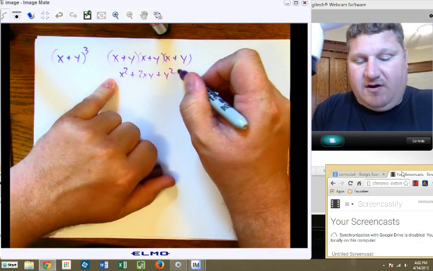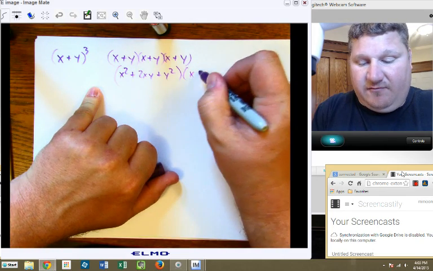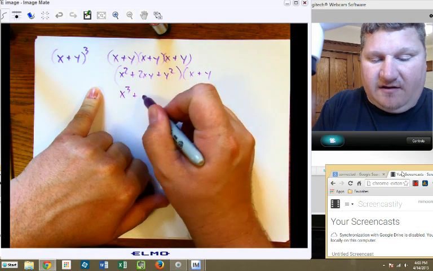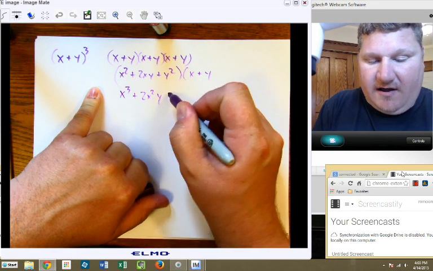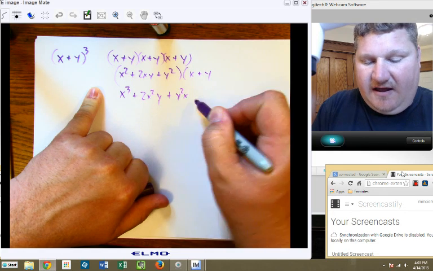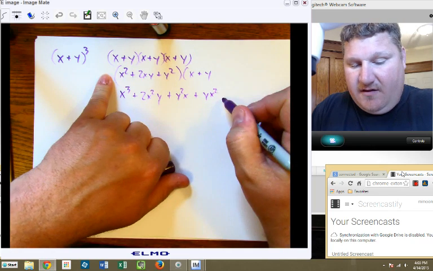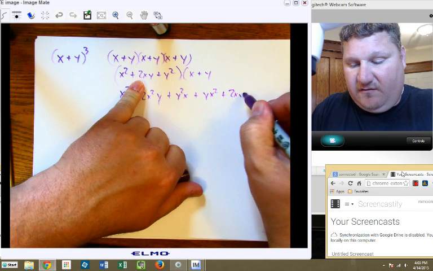And then I'm going to multiply that by x plus y. So I'm going to get x cubed plus 2x squared y plus y squared x plus yx squared plus 2xy squared plus y cubed.